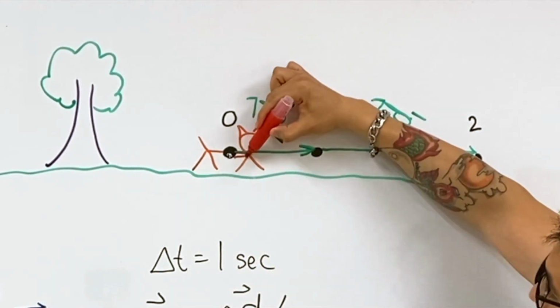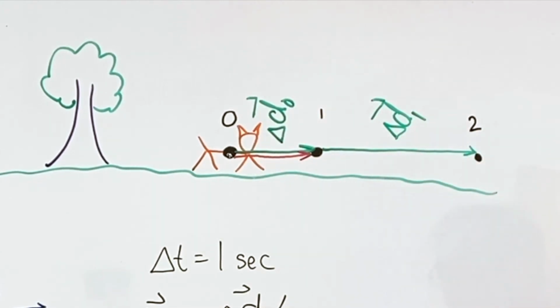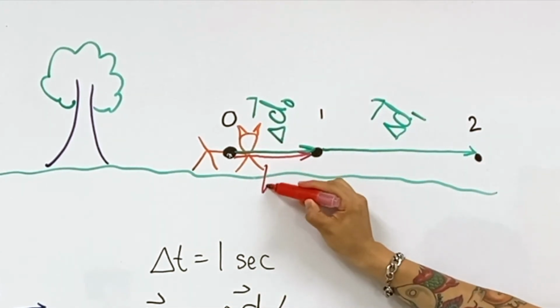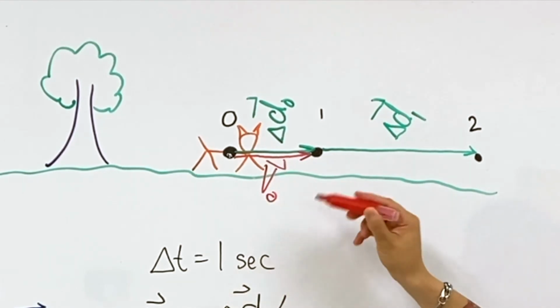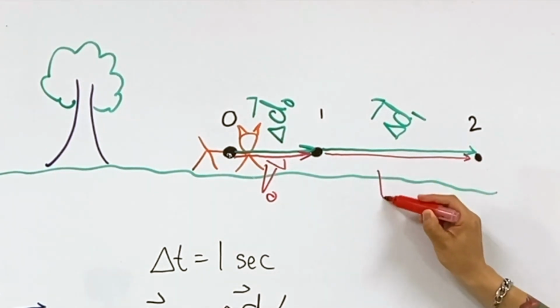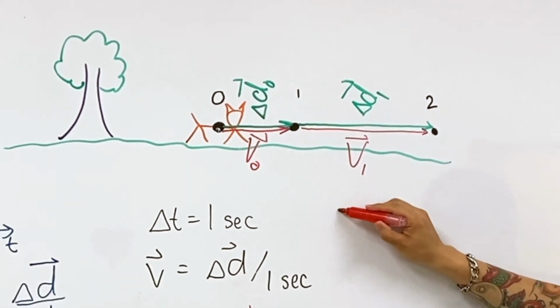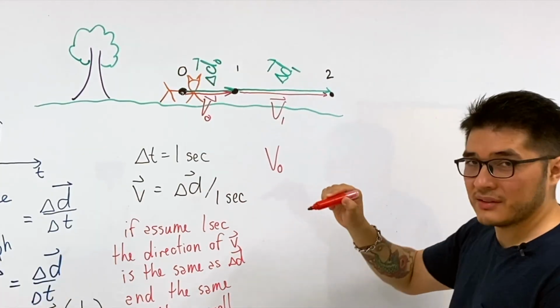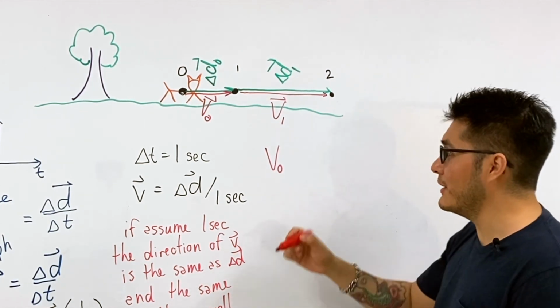So now, in order to draw our velocity vectors, since they are the same length and same direction, we can just draw them below one another. But because it's a different quantity, we use a different color. So this represents our initial velocity, v0. And the second part represents our velocity 1. So let's write this down quickly, because this is the most useful quantity for the remainder of the course, more or less.